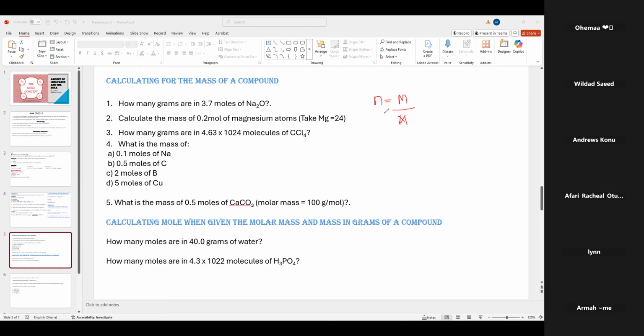So now we know we are finding the mass, the small m. We just make that small m the subject of this equation.